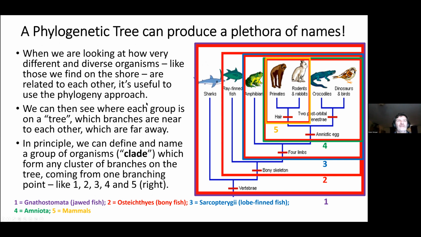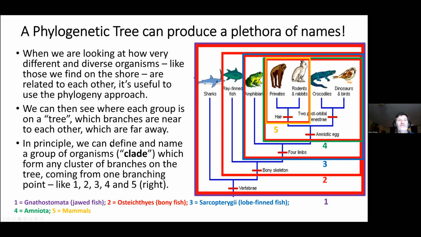And indeed, there'll be an example on the next slide of how this has been done almost to an excessive degree. So if we look at this diagram, which looks perhaps a bit confusing with all these colored boxes.